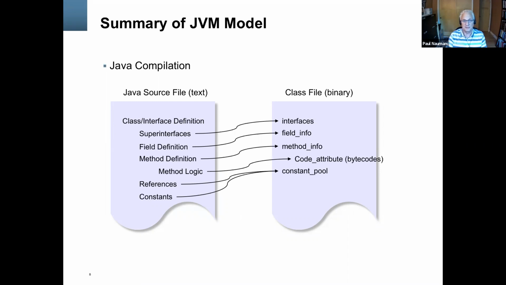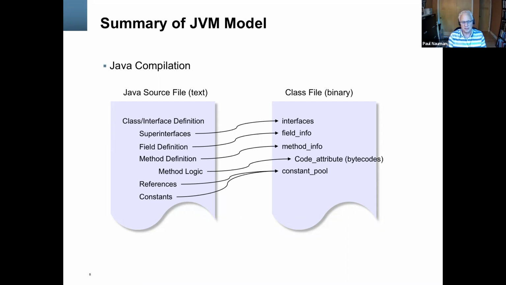Any fields that we define in that class, methods that we define, any references that we have to other classes or other fields or methods in other classes, those are actually encoded in there, and any constants. These last two, the references to other classes or methods and fields in other classes, and these constants are put together in a part of the class file which is called the constant pool.